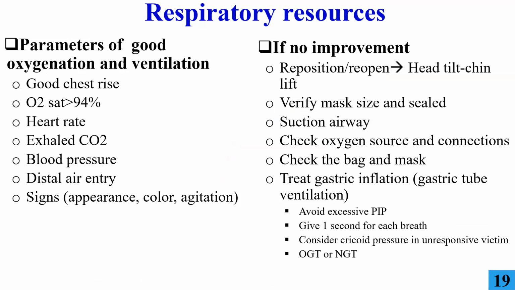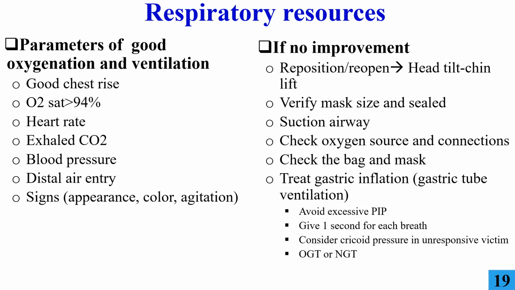You might need to put a shoulder roll. You might need to do head tilt, chin lift. You might need to change the mask. Do you guys know Mr. SOBA? No. Mr. SOBA is an abbreviation that we use to correct things when the baby is not okay.